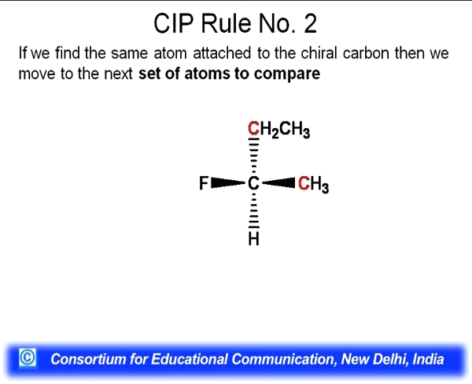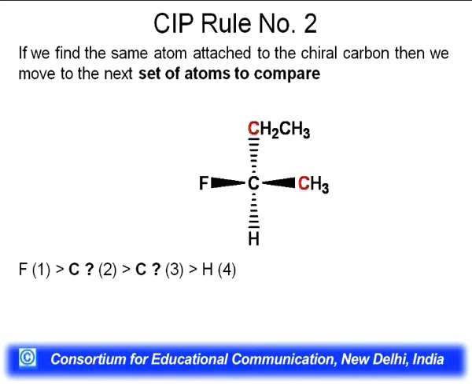Looking at the previous slide, we had 4 different atoms. Now, we are moving to different groups because there is one ethyl group and there is one methyl group. There is a fluorine which is coming here and a hydrogen atom. So, how do we define the priorities?